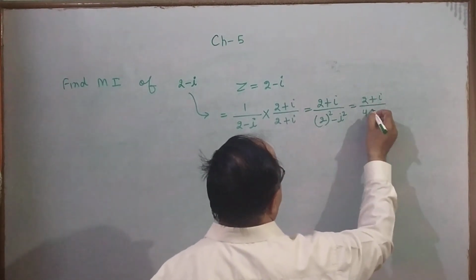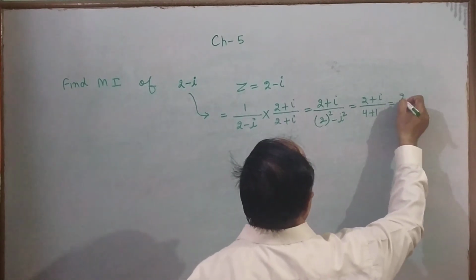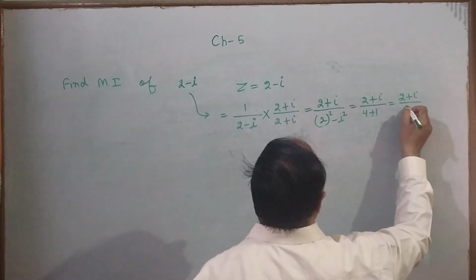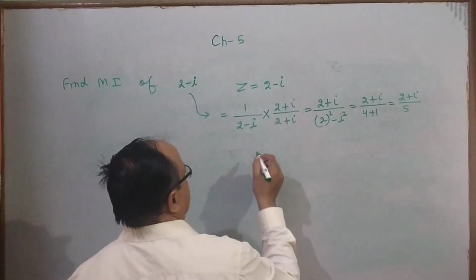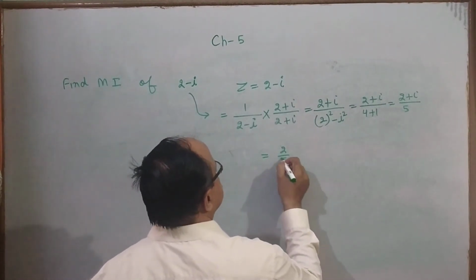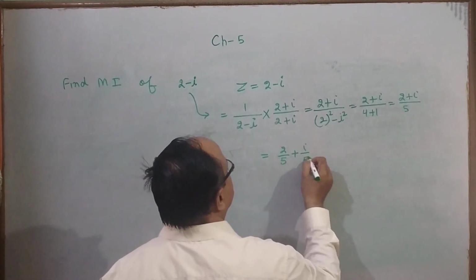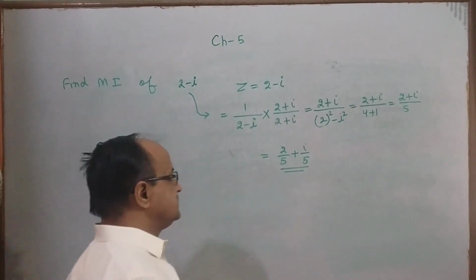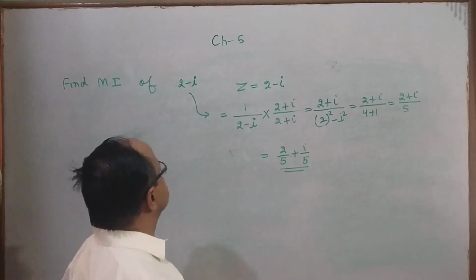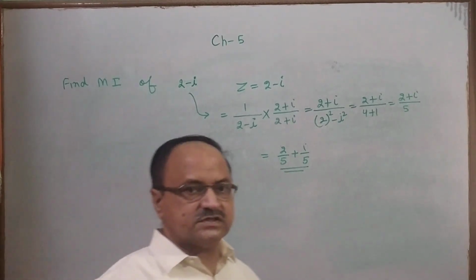Put the value of iota square, minus 1. 2 plus iota upon 5. Therefore, write in the standard form: 2 by 5 plus iota by 5. This is the answer of this question. This is the multiplicative inverse.